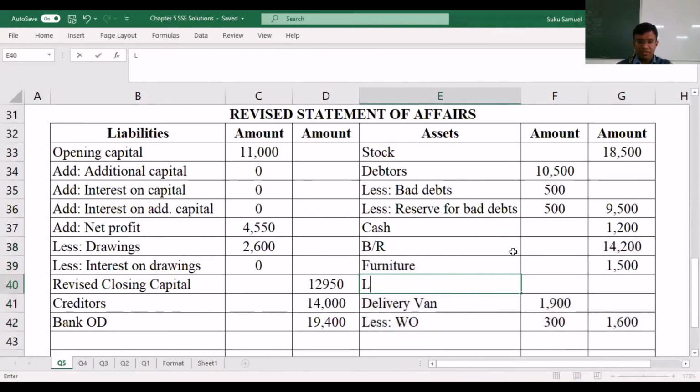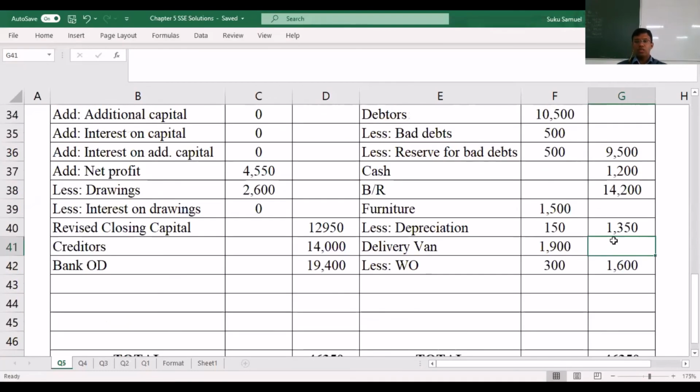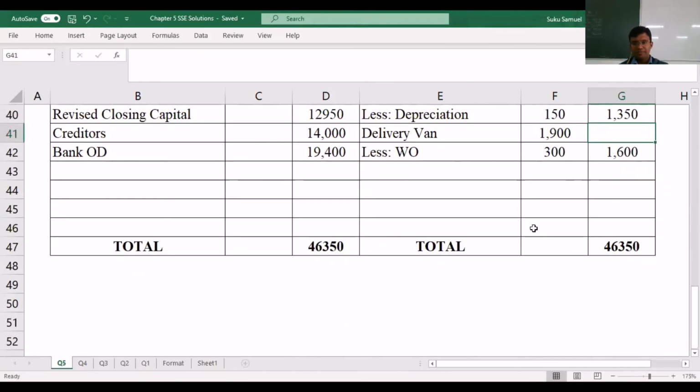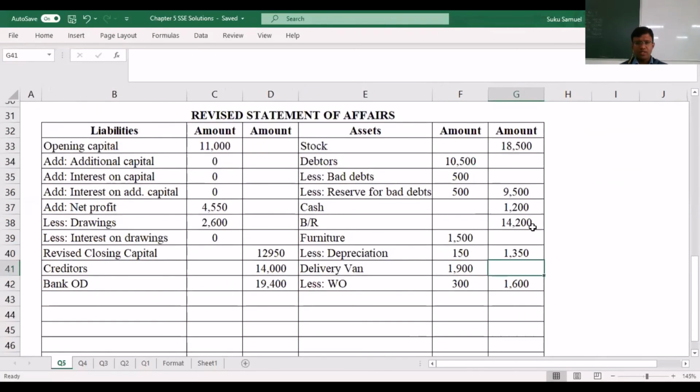So depreciation on furniture is 150. So 1,500 minus 150, the effective value is 1,350. So the total is 46,350.